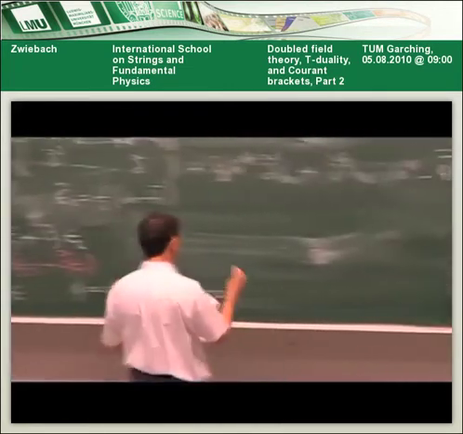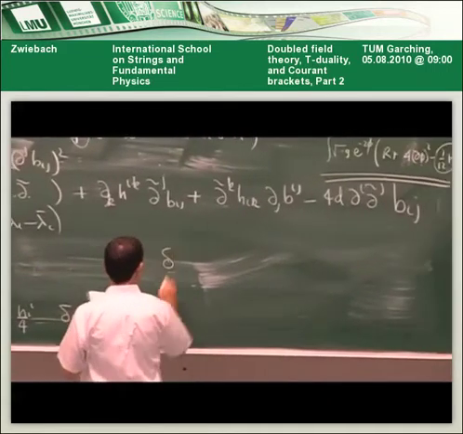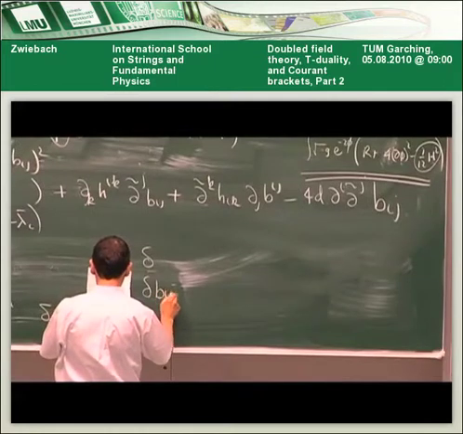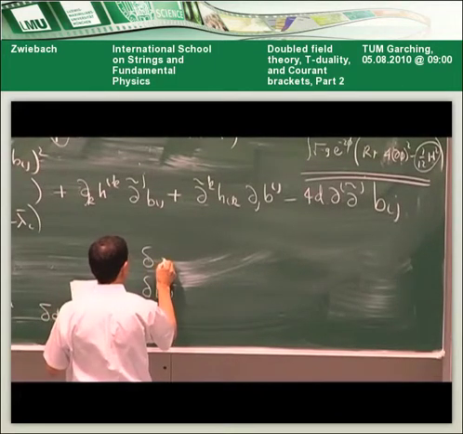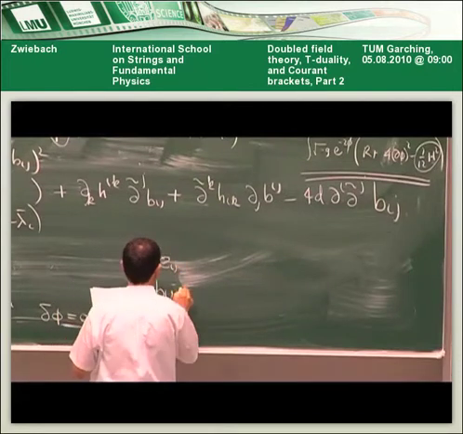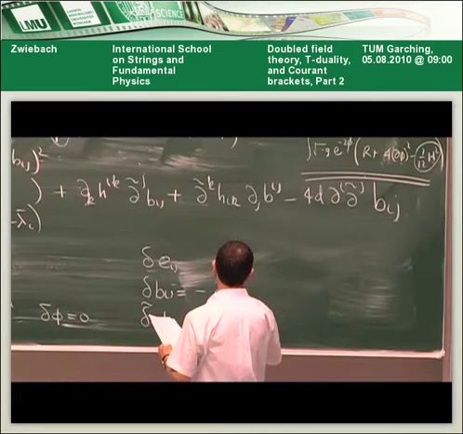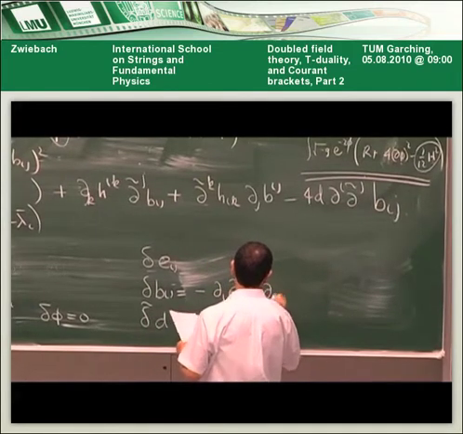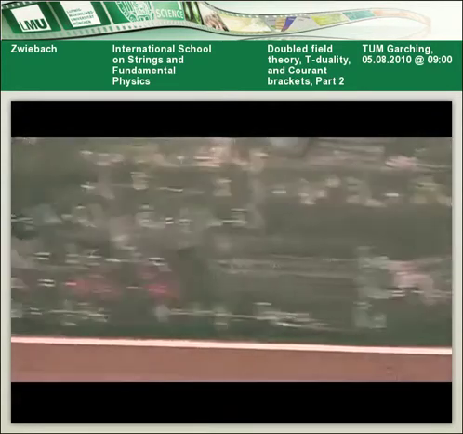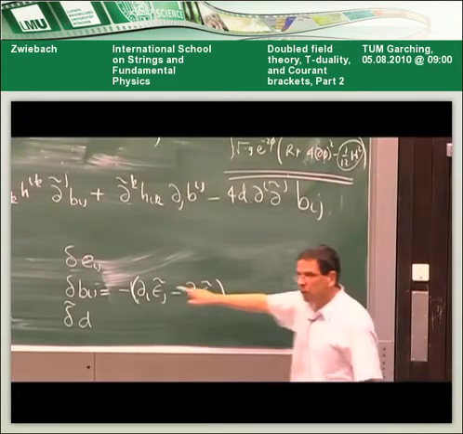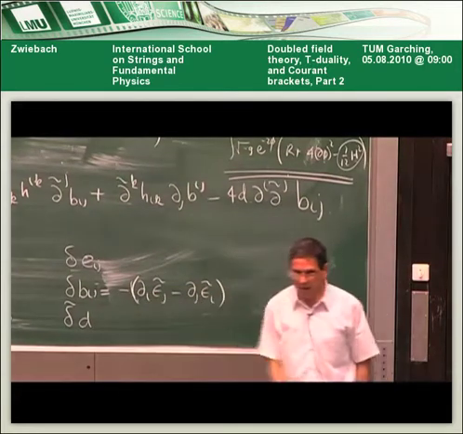The other transformations that you could call delta tildes, EIJ, would be minus di epsilon j tilde minus dj epsilon I tilde. This is the usual Kalb-Ramond transformation of an antisymmetric tensor.